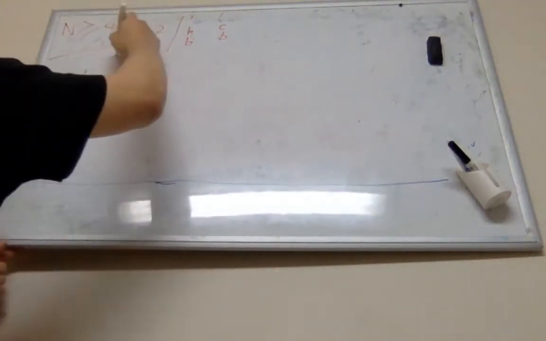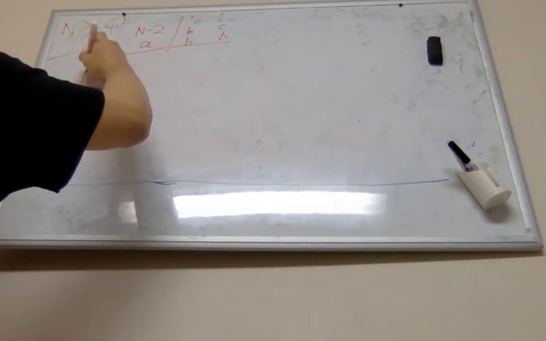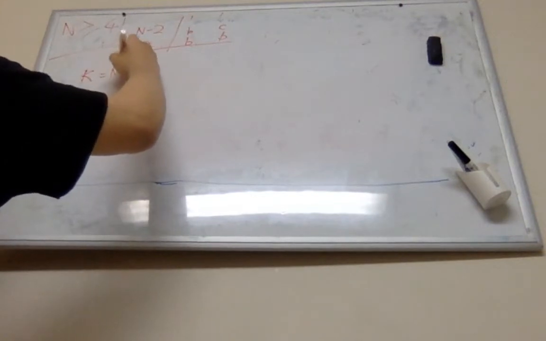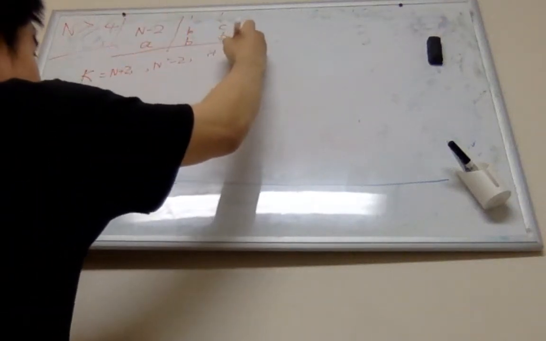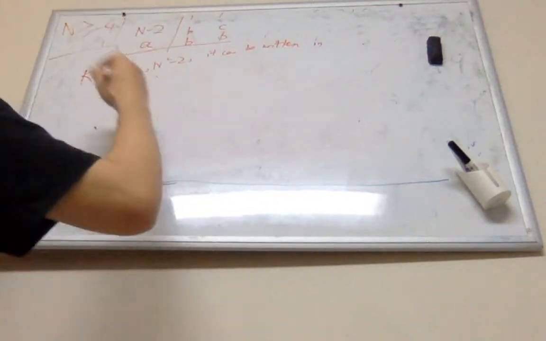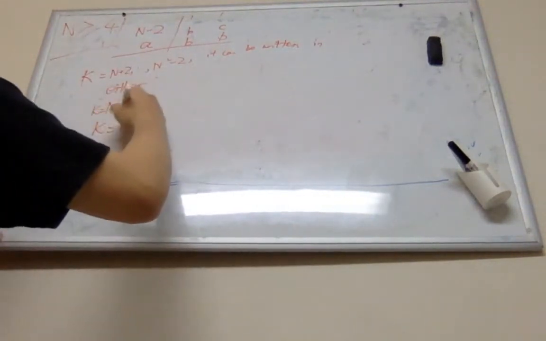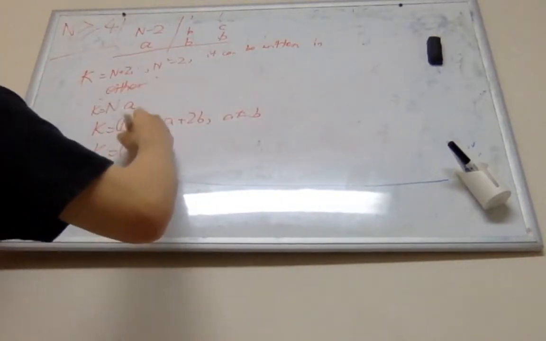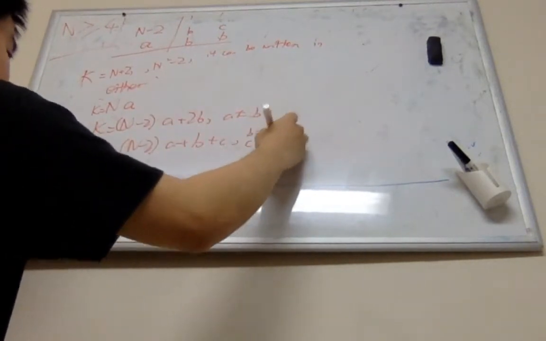Now the claim is that, again assuming n greater than or equal to 4, for all k equal to n plus 2 all the way to n squared minus 2, it can be written in either k equals n times a, or k equals (n minus 2) a plus 2b, a not equal to b, or you can do (n minus 2) a plus b plus c, b not equal to a, c not equal to a.